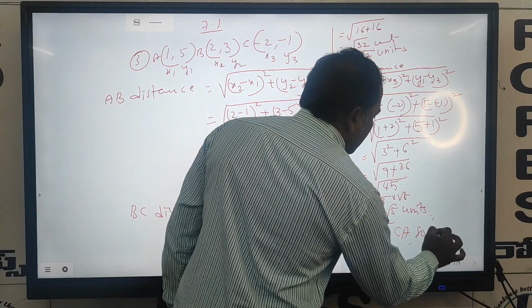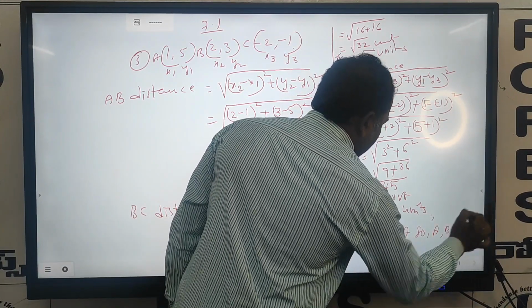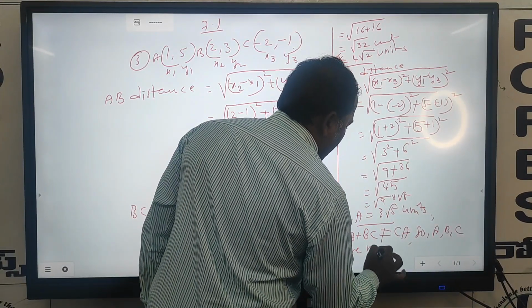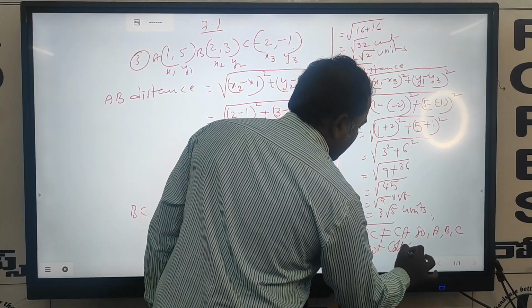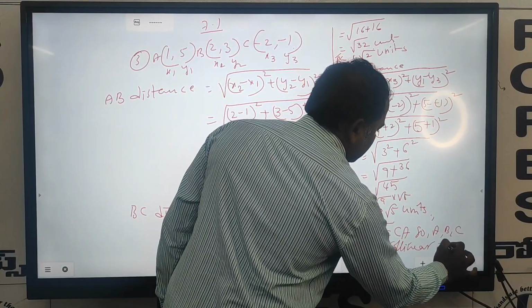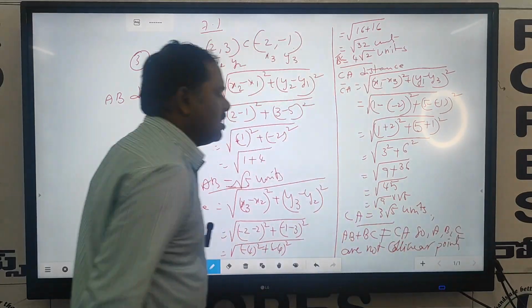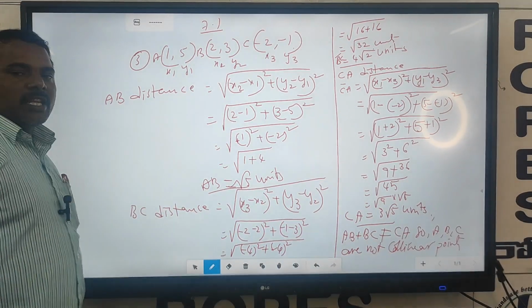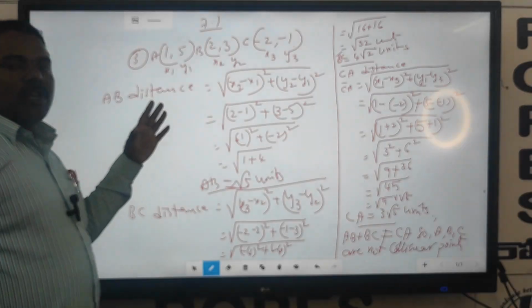So A, B, C are not collinear points. This is the method to find whether the given points are collinear or not.